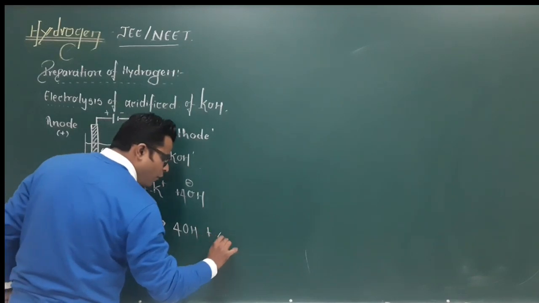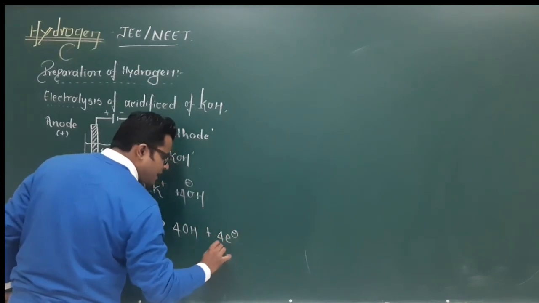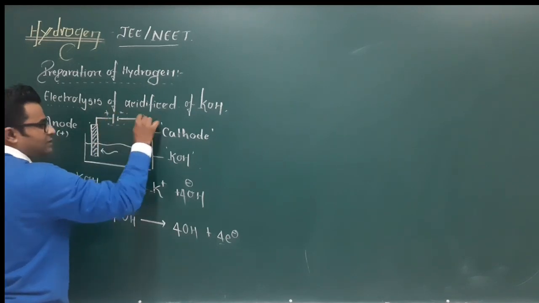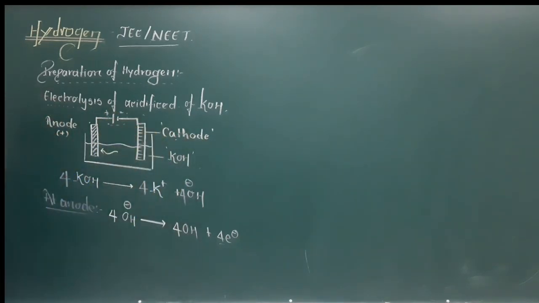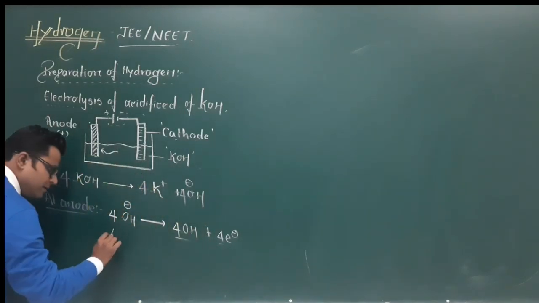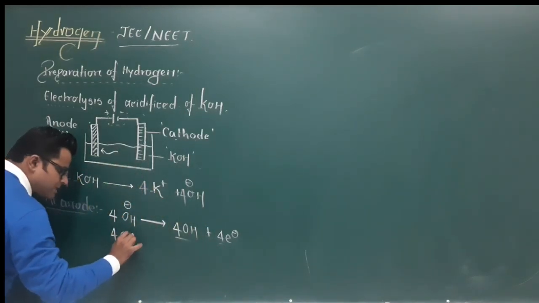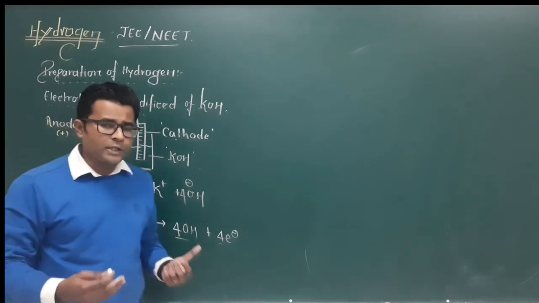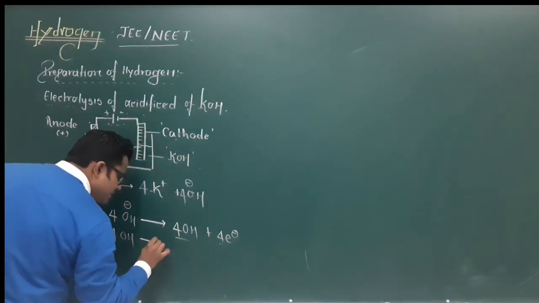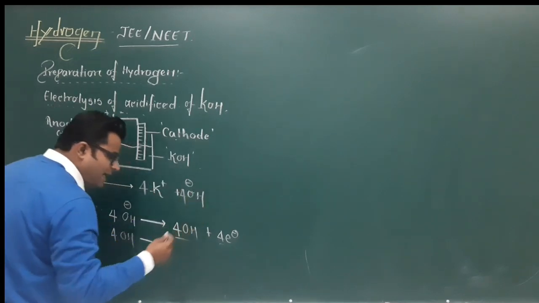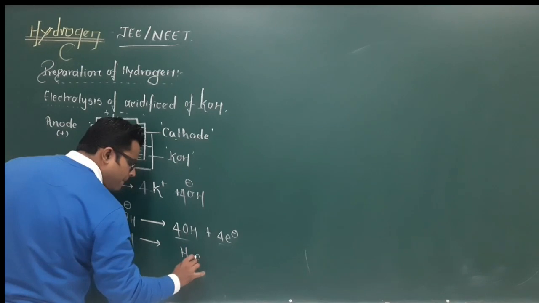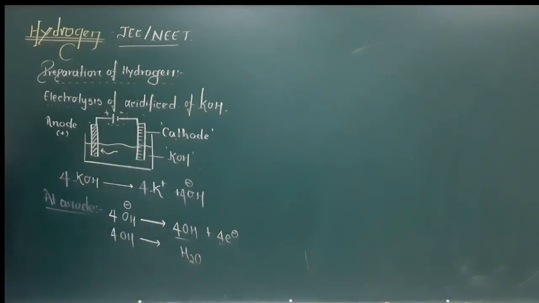These electrons are carried by the anode to the battery, and from the battery they go to the cathode section. Now, 4 OH is not a stable compound. The OH molecule is not stable at all. So it will break down and rearrange itself to form water.